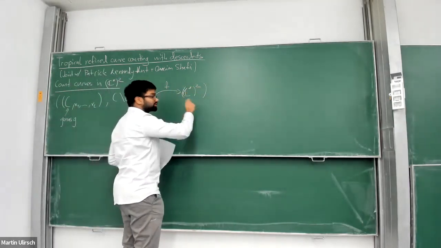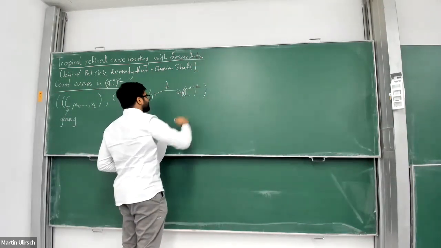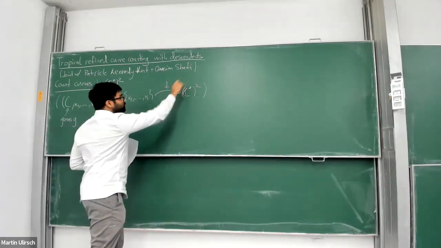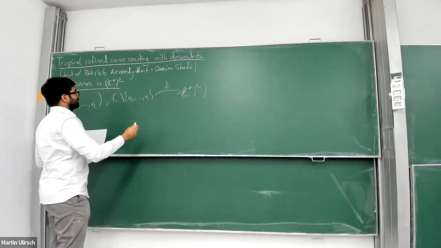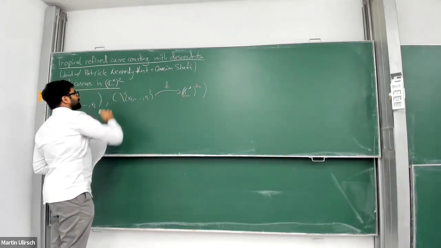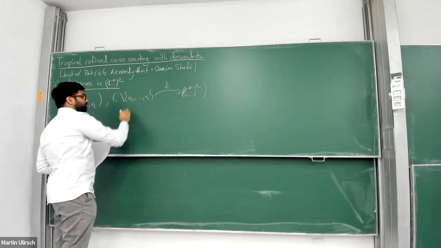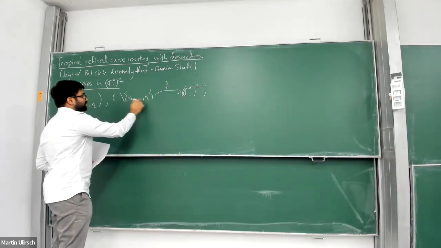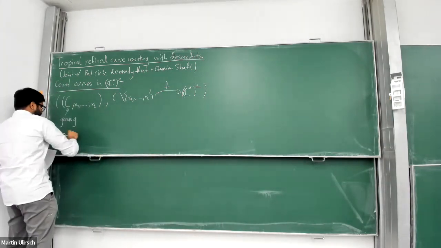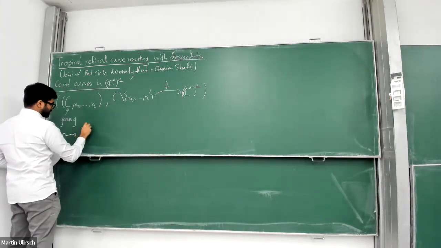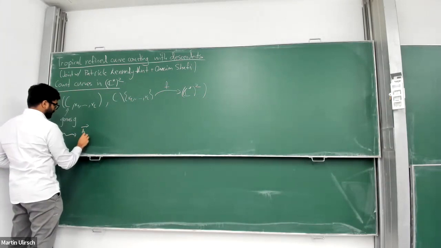And of course, C star squared has two projections to C star. We can compose those two projections with the map F. We get two rational functions on the curve C. Then we can ask ourselves what is the order of vanishing at the marked points, x1 to xl. So from these two rational functions, I'll get two vectors A and B, integer vectors.